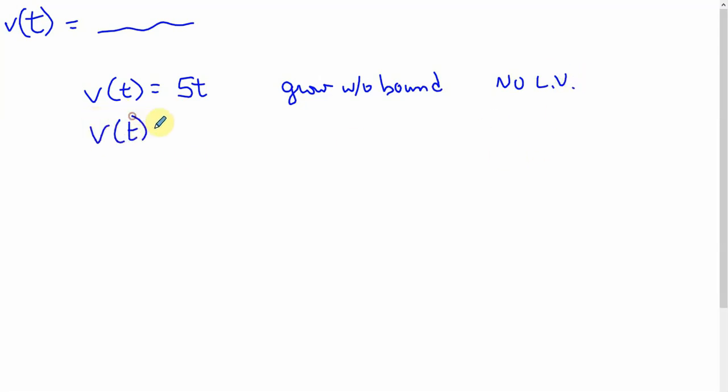If you had t squared or t to the 5th or t to some power, again, it's easy to imagine plugging in 10, 20, 30, 100 with your calculator into either one of these. It's just going to get bigger and bigger, and it will again grow without bound, no limiting value.